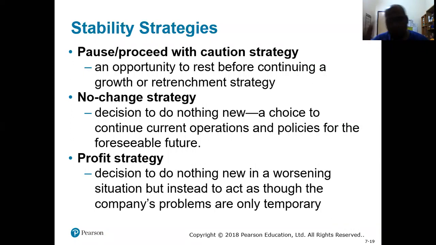Because the stability or maturity stage will be followed by the declining stage. So while waiting for the declining stage, they are trying to extract every single cent they can from the marketplace. So this is what we call a profit strategy.